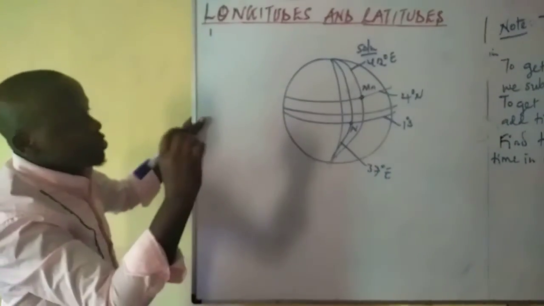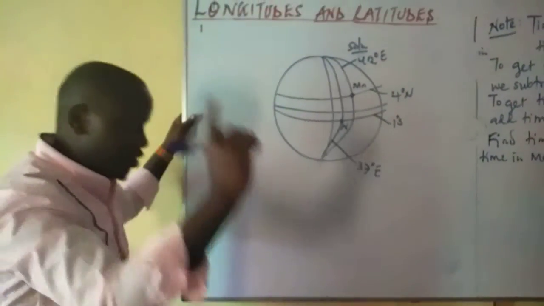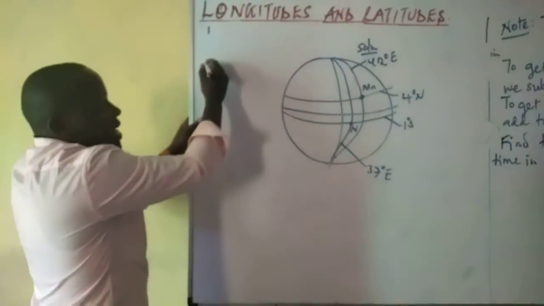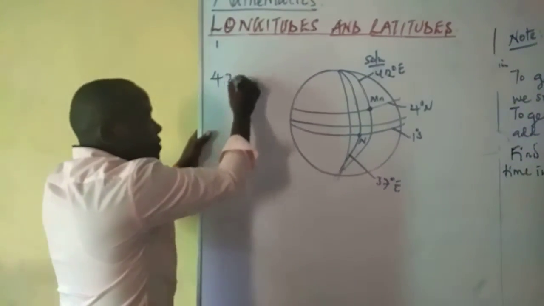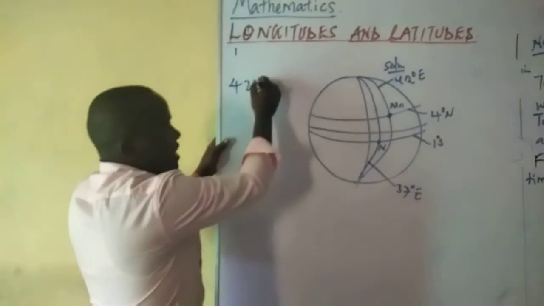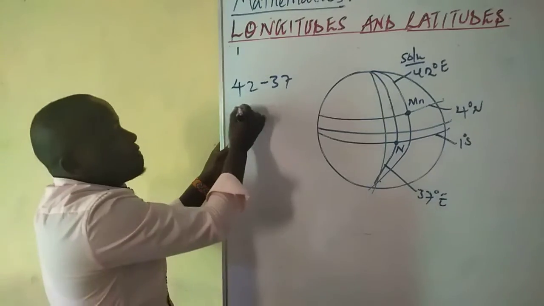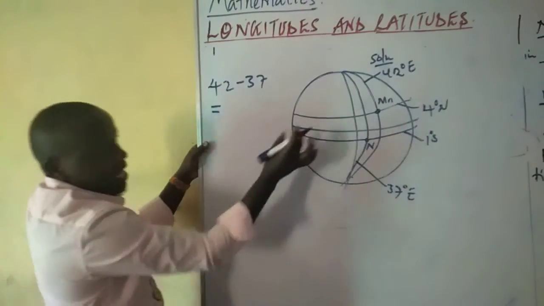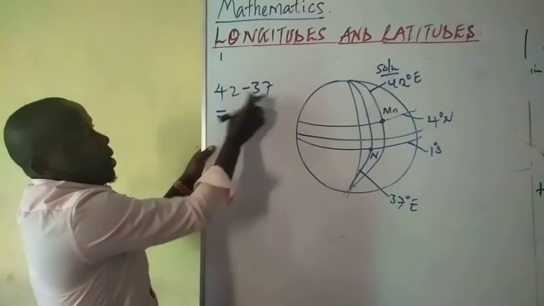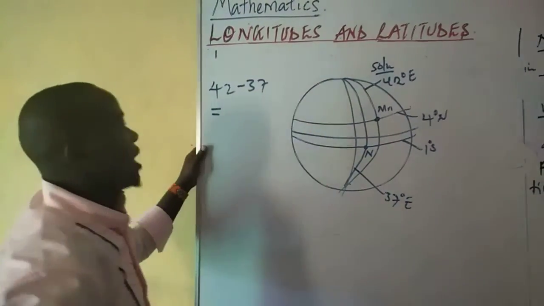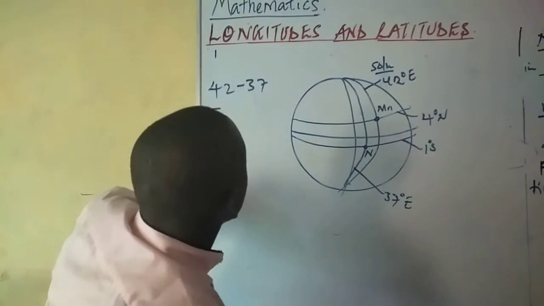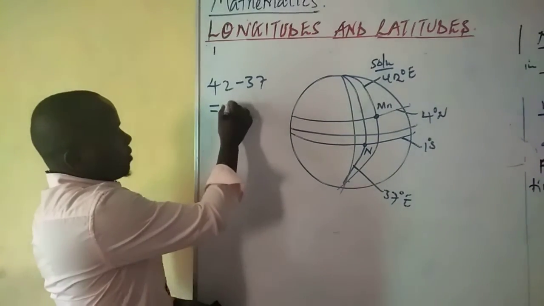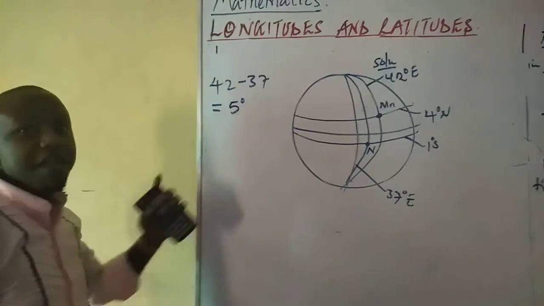Therefore, we can first of all get the difference in longitudes. Because Mandera is at 42 in the east and Nairobi at 37, when you subtract 42 and 37, you get a difference of 5 degrees.